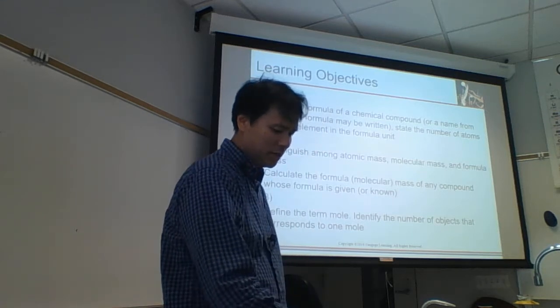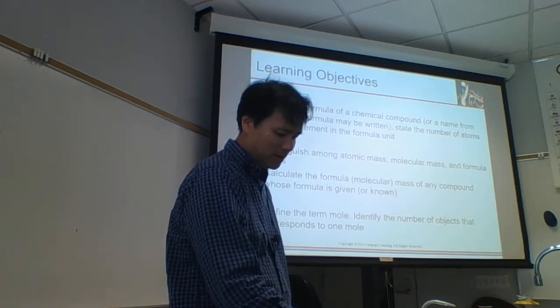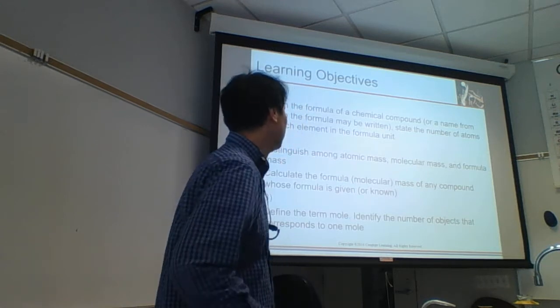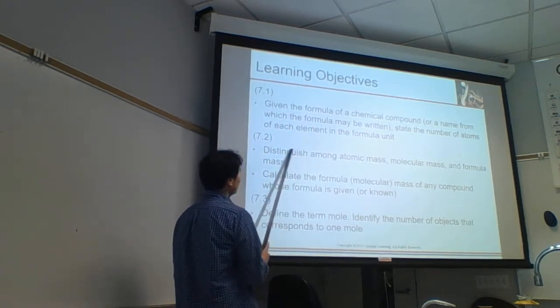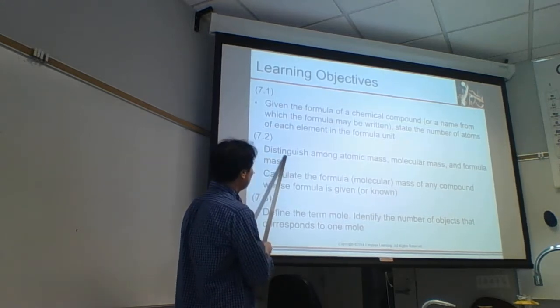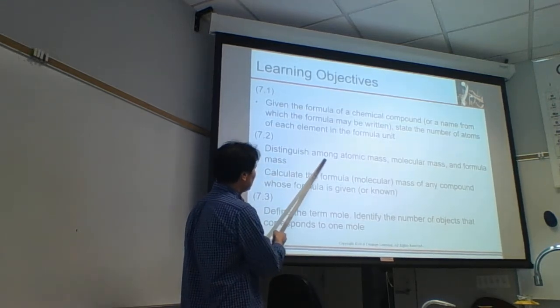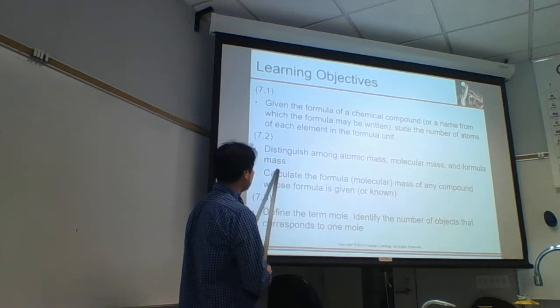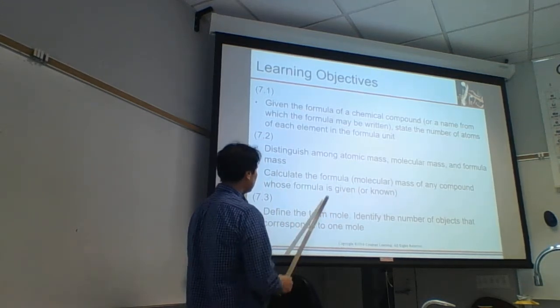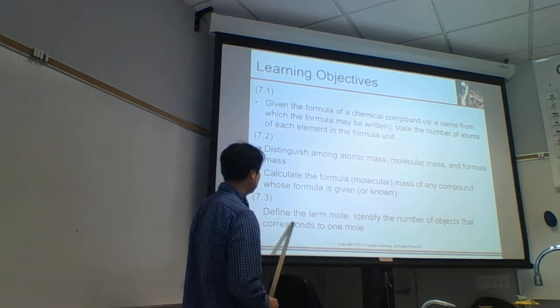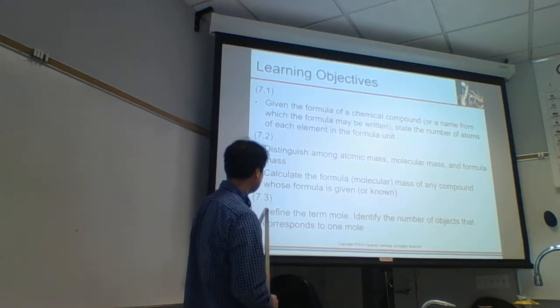H2O. How many hydrogen atoms? How many oxygen atoms? So you've accomplished learning objective 7.1. Check. 7.2: distinguish among atomic mass, molecular mass, and formula mass, and calculate the formula or molecular mass of any compound whose formula is given. So we're going to talk about that.